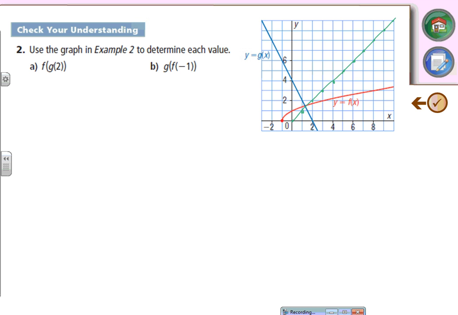All right, now let's go through. Start with your inside, g at 2. So we're going to go to our graph, find our 2. Okay, so we start there. Oh, there we go, it's right on the axis.